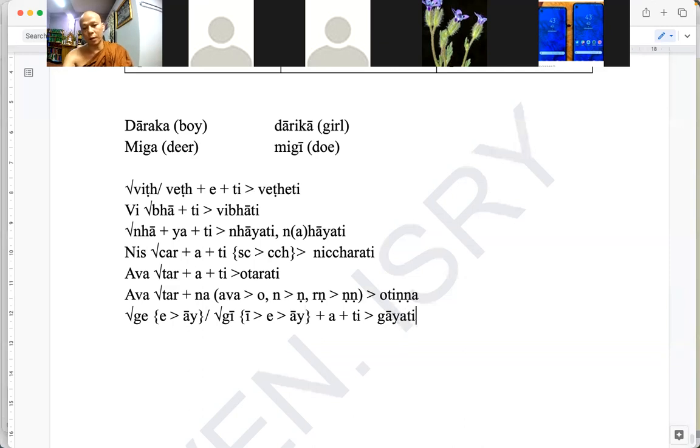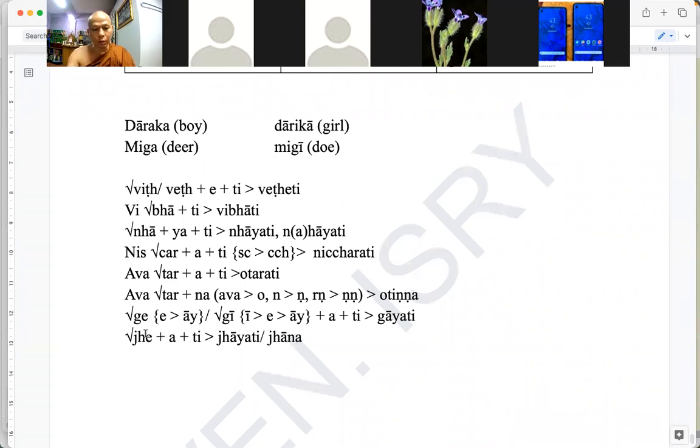So we have the gayati in this way. But we have another root, root J, that is not G, like the jana or something. So for this one, sign is R and the D, we have the jayati, binding defilements, or as in noun form, jana. Okay, so in this way too.